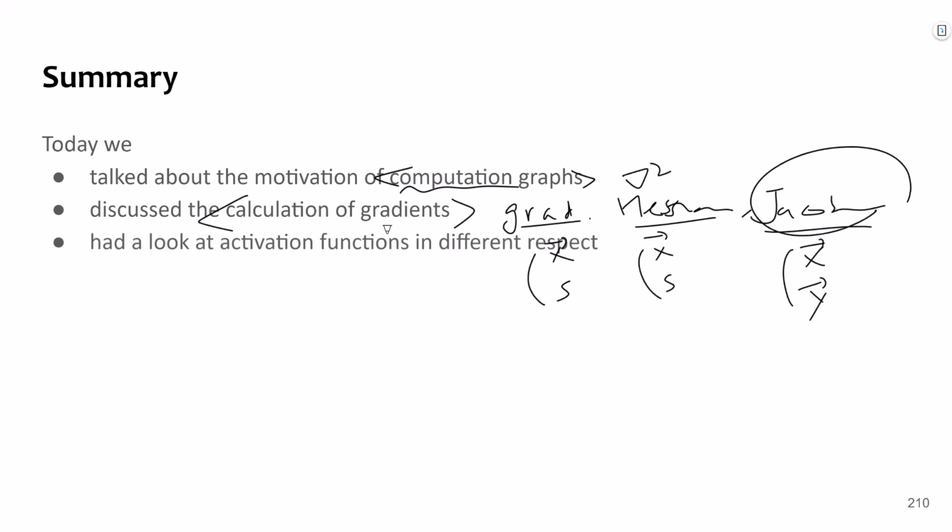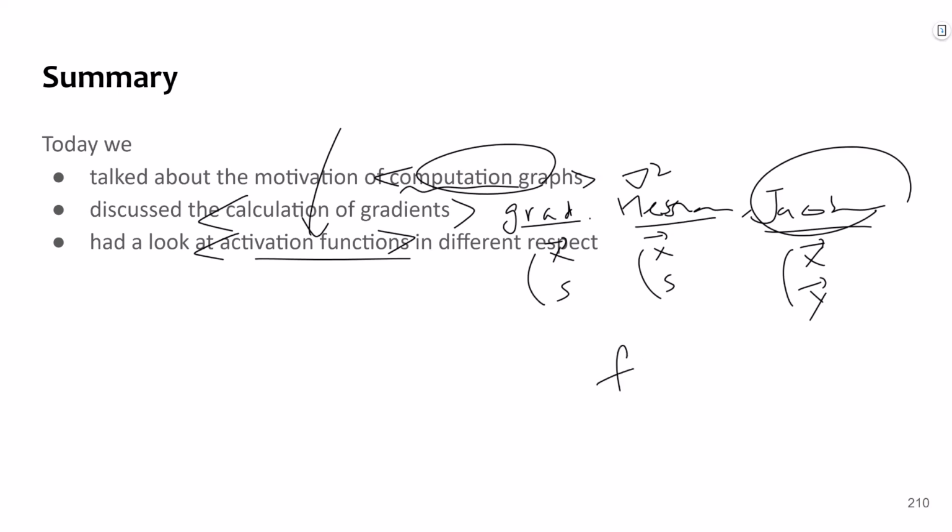We had a look at activation functions in different respects, and we applied the modularization from computation graphs to activation functions.